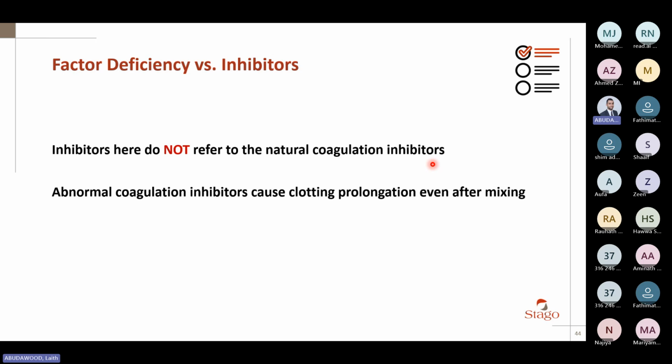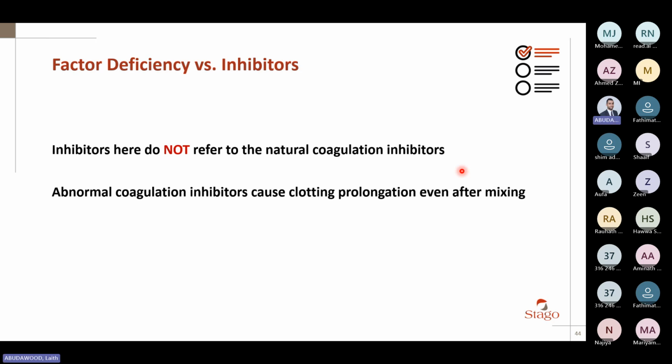Direct oral anticoagulants like rivaroxaban, apixaban, dabigatran, and argatroban are anticoagulants as well. They are not physiologically present in the blood. So the inhibitors I'm referring to here are things which are not physiologically present that can cause a clotting prolongation even after mixing is done. This is what I'm referring to when I say inhibitors.